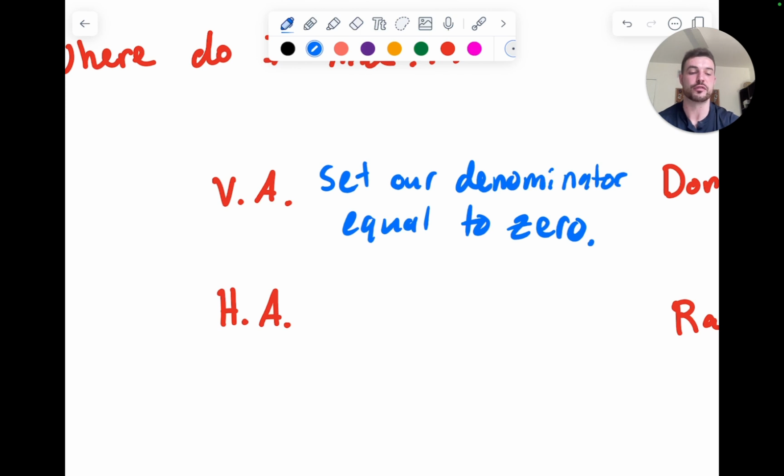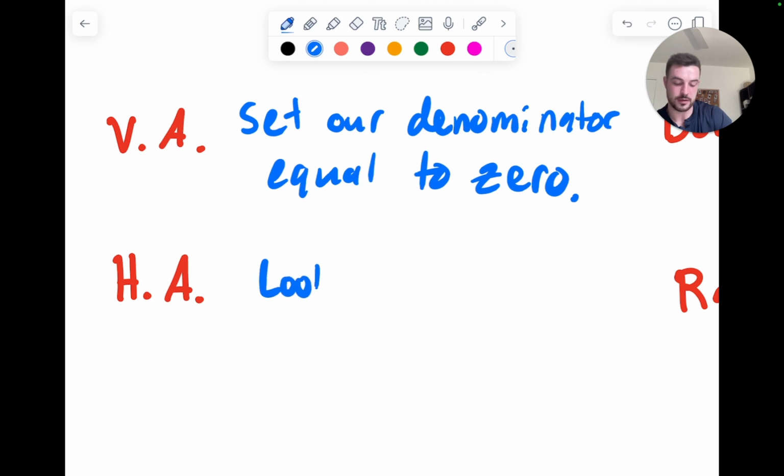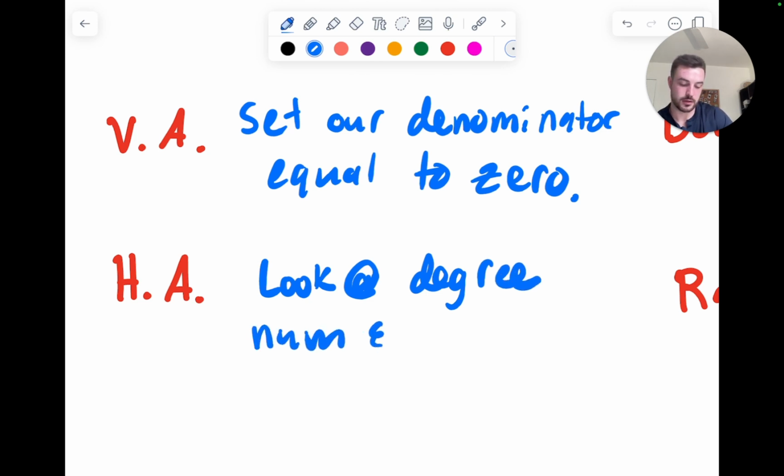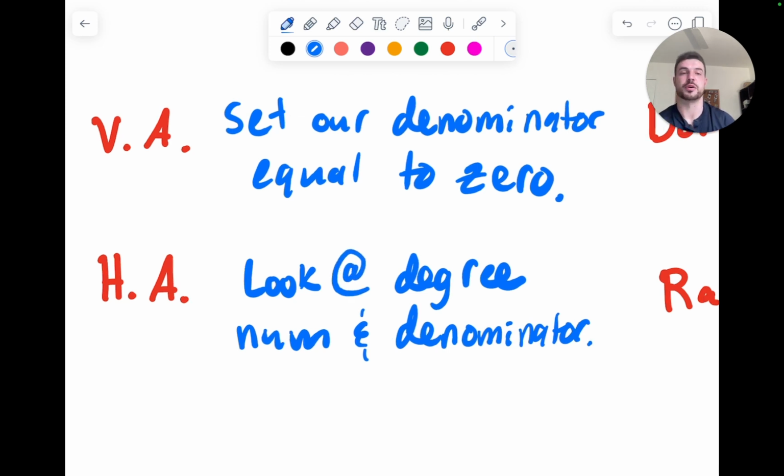There are a couple of rules that we're going to talk about when we look at our horizontal asymptote, but what that involves is looking at the degree of both our numerator and denominator. We'll talk about that a little bit more specifically in a second once we see our example.